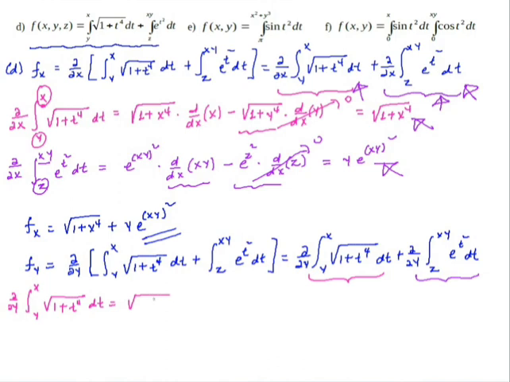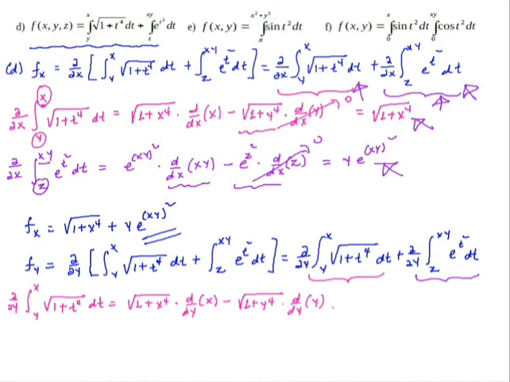Radical 1 plus x to the power of 4 times d by dy, now we take the derivative with respect to y, minus in the radical 1 plus y to the power of 4 d by dy of y.